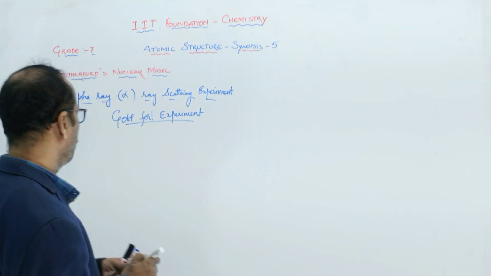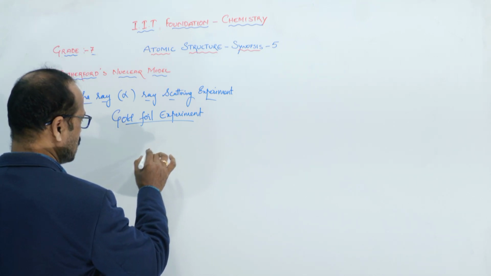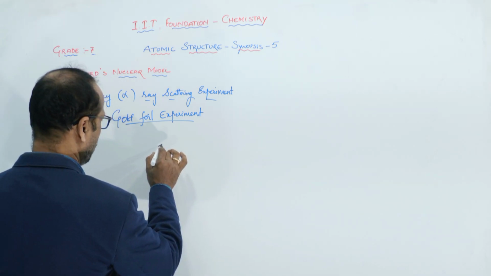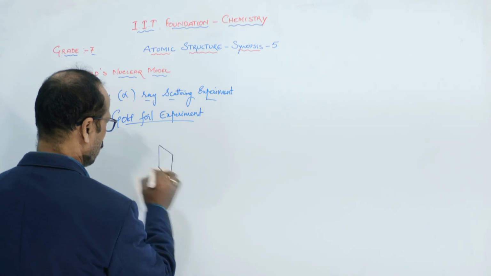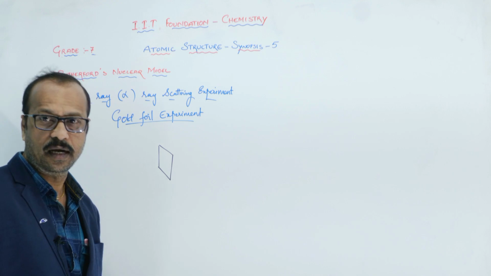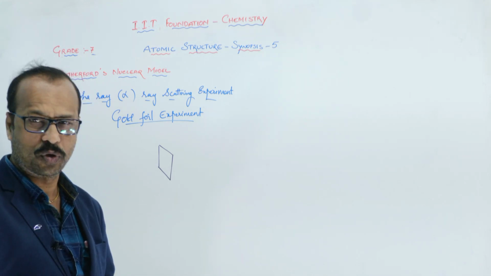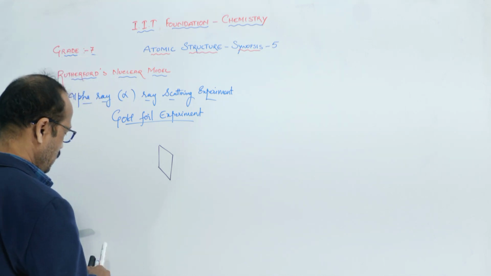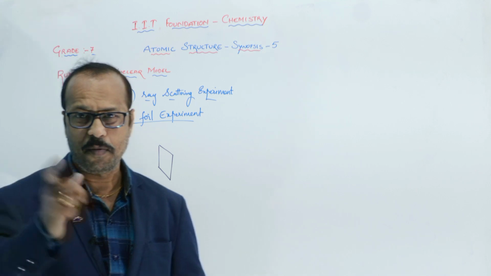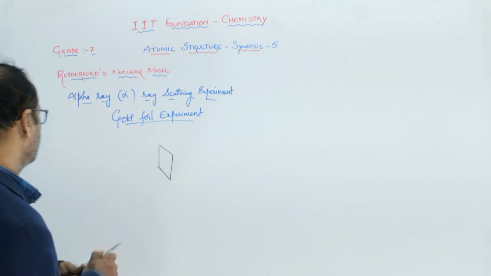So Rutherford took one gold foil. So that is a gold foil. Here I will draw the gold foil like this. So this is a gold foil. What is it? A gold foil means a thin gold plate or foil. Okay. Now here he has taken alpha particles, means one radioactive element in one box.